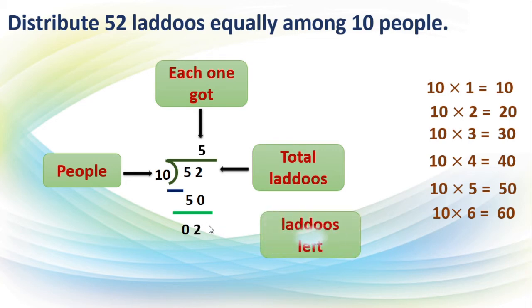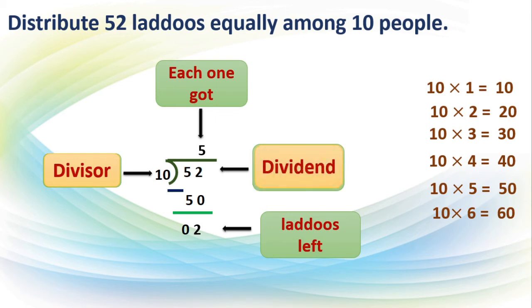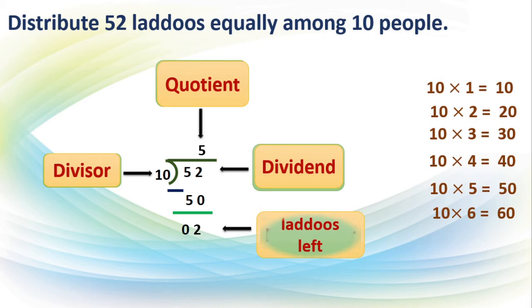And 2 laddus remain. Okay, the names in the division method, this. The number by which we divide is called the divisor. The number which we divide is called the dividend. The answer we got is called the quotient. And the number of things that remain is called the remainder. Okay?